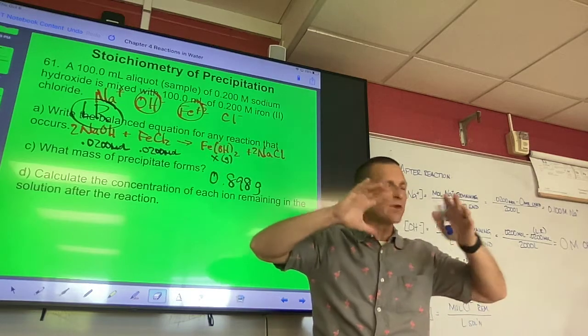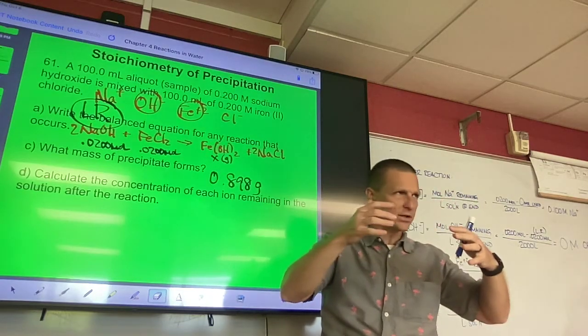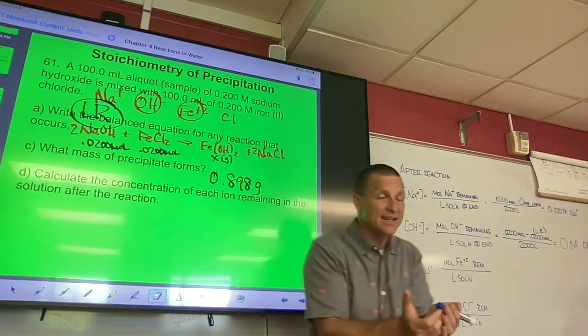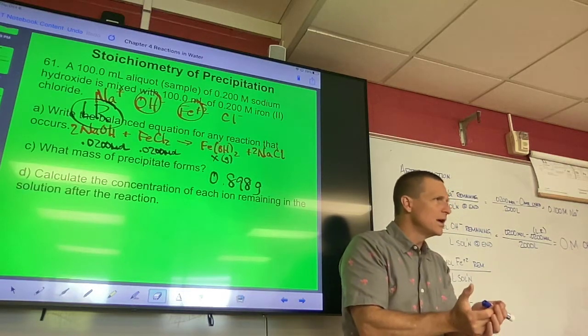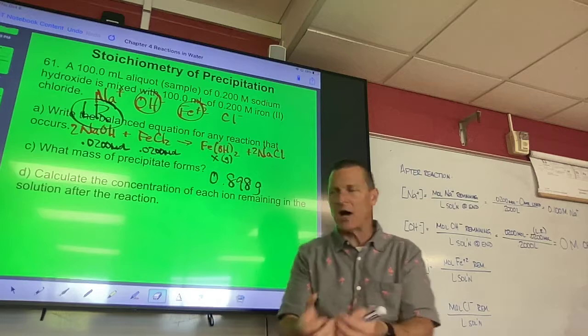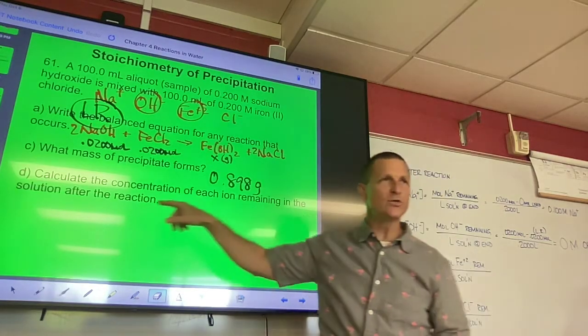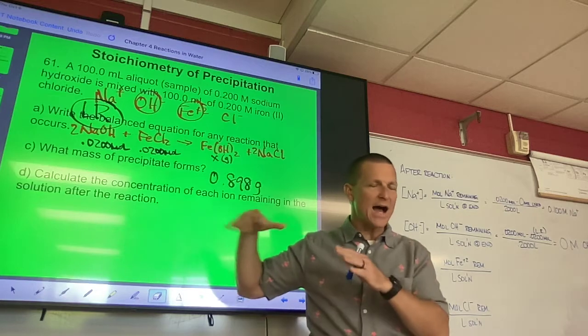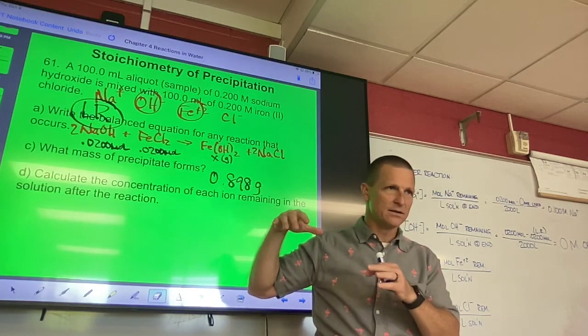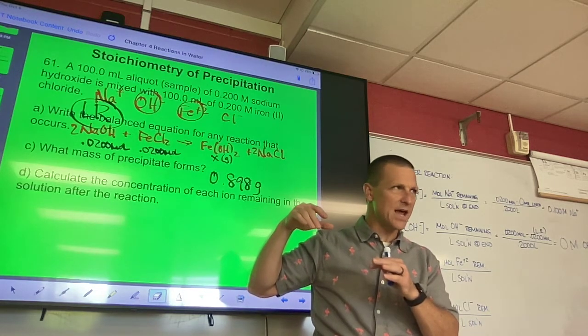There is no more hydroxide ion floating around in the solution. Is it present in the container? Yeah, it's still there, but it's tied up as a solid now, and I'm talking about concentrations of ion remaining in the solution. There is no more hydroxide ion in the solution. You see that?